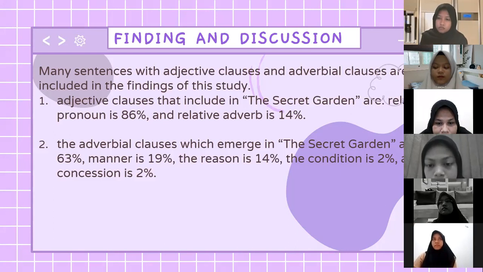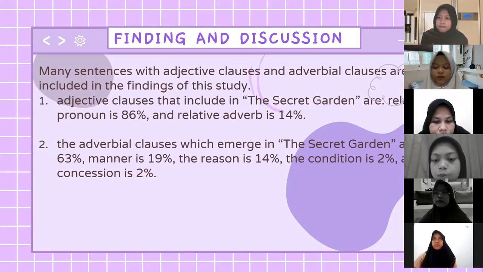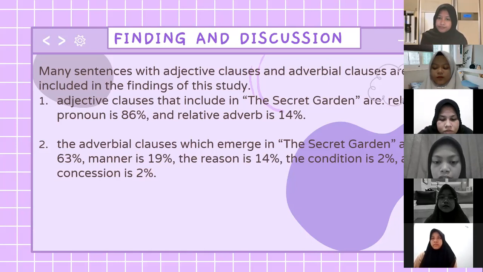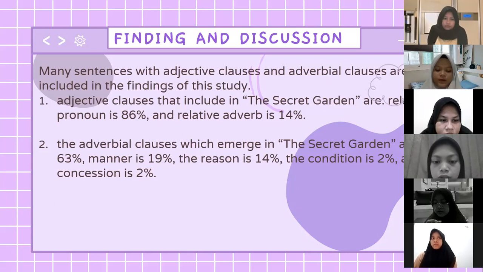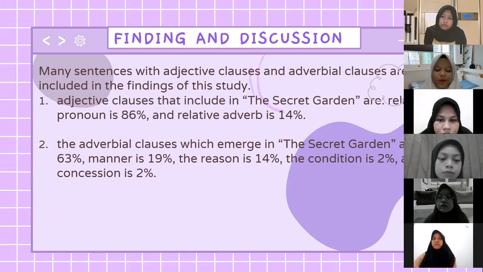Meanwhile, the relative adverb appears in 14% of the novel, a lower percentage than the relative pronoun. Most of the sentences containing the adjective clause do not describe the time or the place as a relative adverb should.